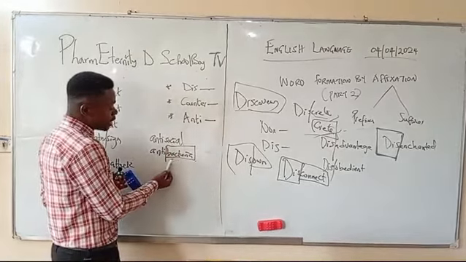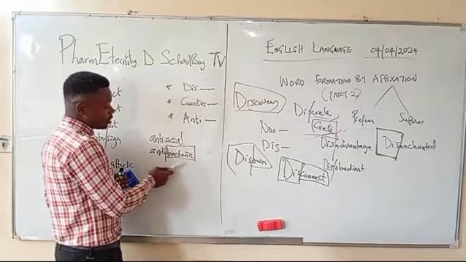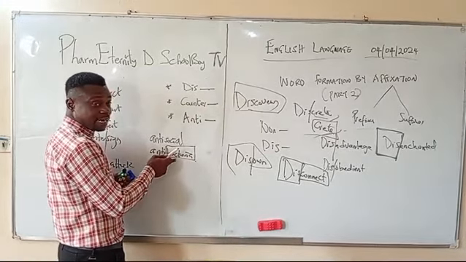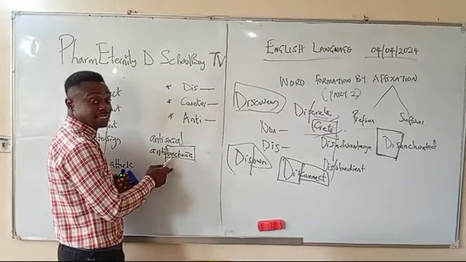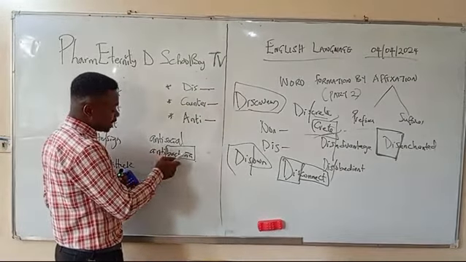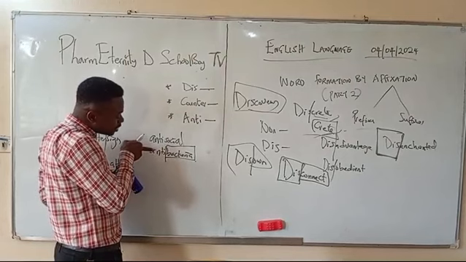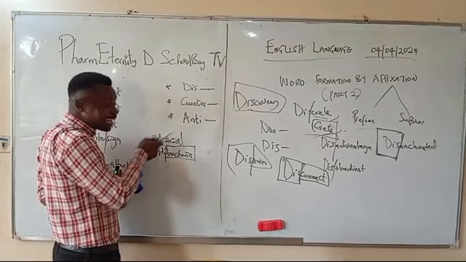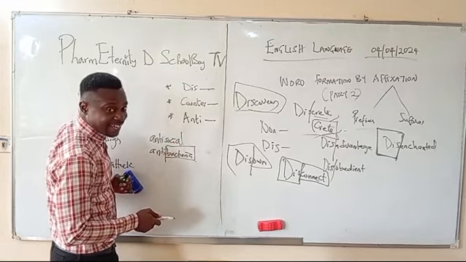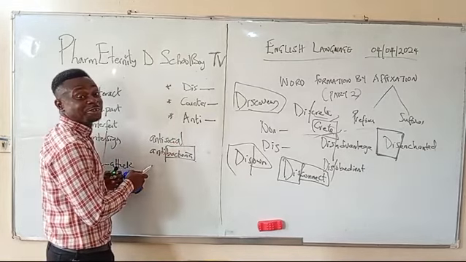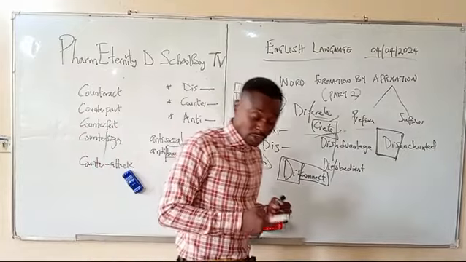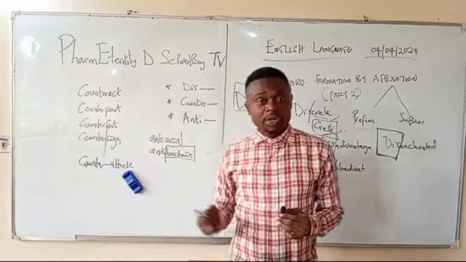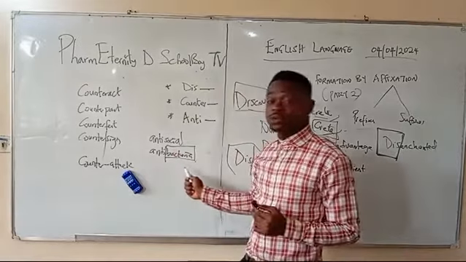Have you seen how bacteria is a noun? Remember, the word class of bacteria did not change. What changed here is just the meaning. Antibacterial: anti here talks about against. It's not opposite in this case. Remember I said that anti can also mean opposite of or opposed to. But in this case, it's opposed to, it's okay.